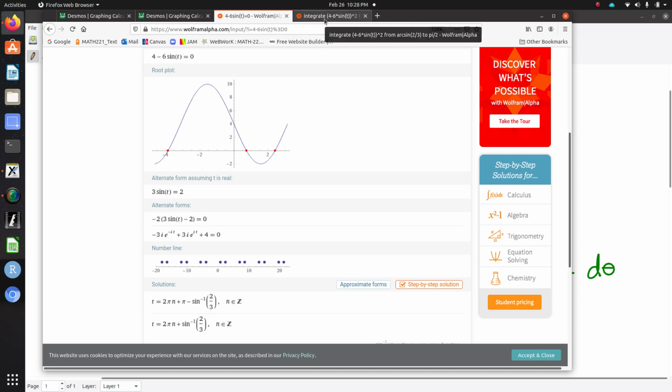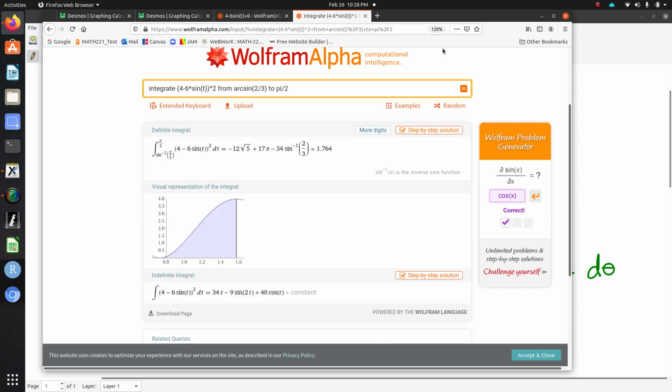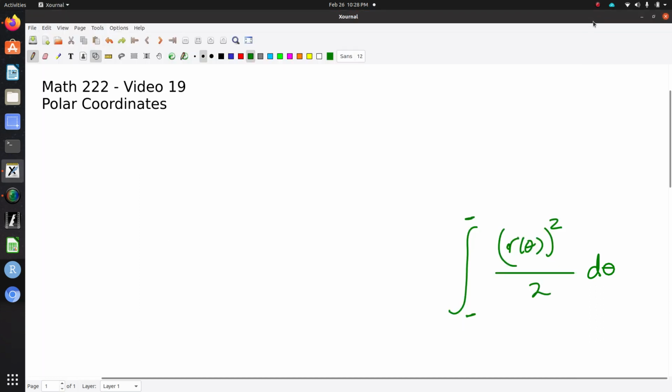So I'm going to actually just integrate this mess, and I'm going to show you what I was thinking when I was sketching this out. I said, well, the lower end is going to be arcsine of 2/3, because that's what Wolfram said the answer was, and I'm going to go up to pi over 2, but I want the whole loopy-doop, so I want to double that.